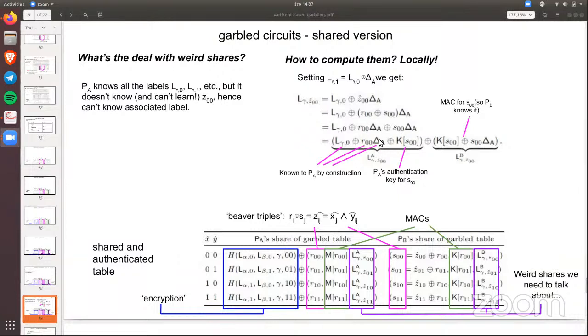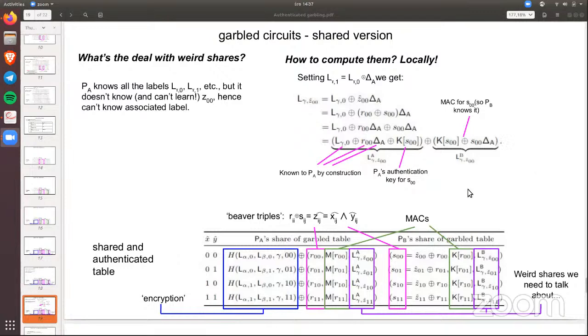This is his global key, which is of course known to him. And this thing is the part of the authentication of S00, which is known as long as we have authentication codes for S00. So if we have a proper authentication pattern, this thing can be computed locally by PA.